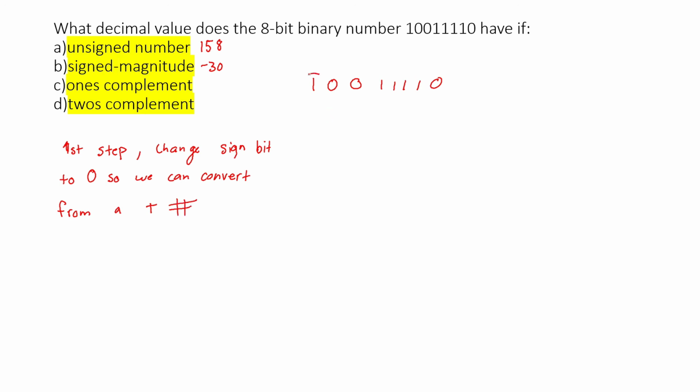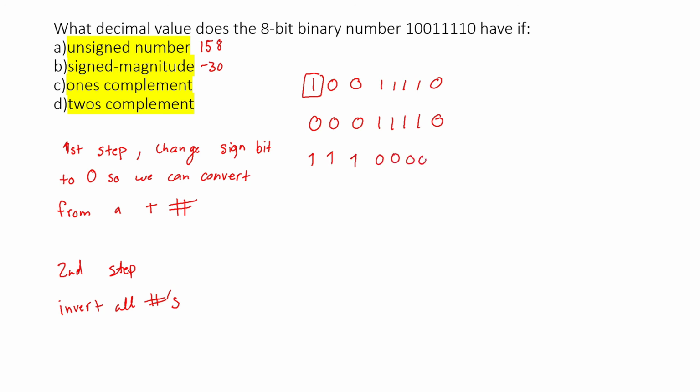So what we're going to do is we're going to change this back to 0. Because remember, 0 corresponds to positive. Alright, and the second step, invert all numbers. So what we're going to do is we're going to change the 0s to 1s and the 1s to 0s. There we are.